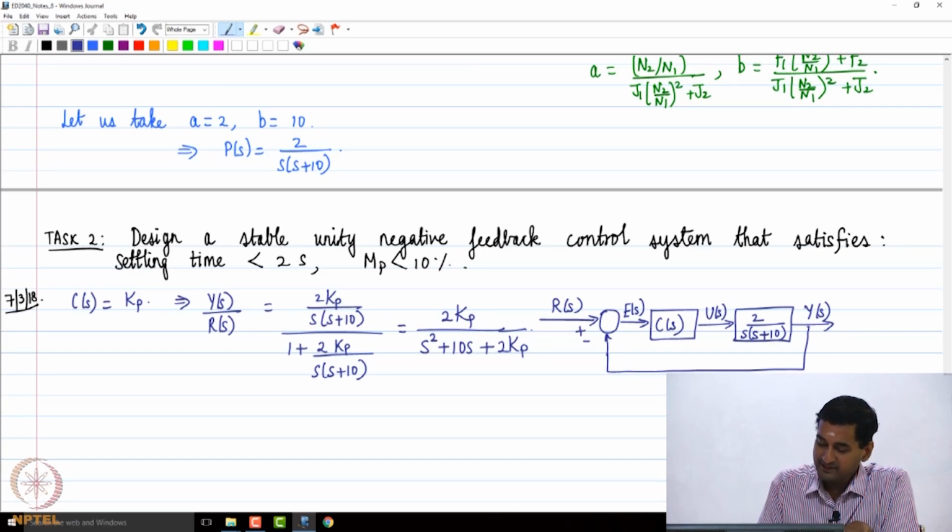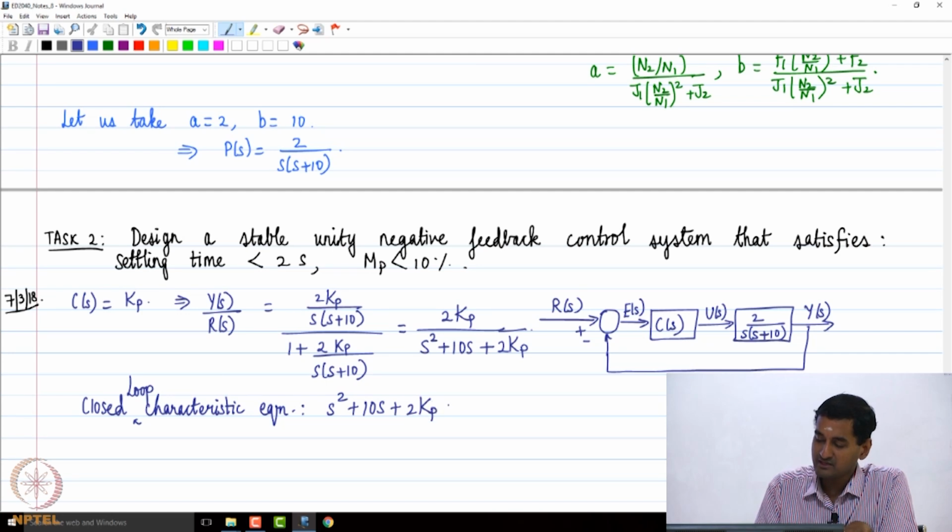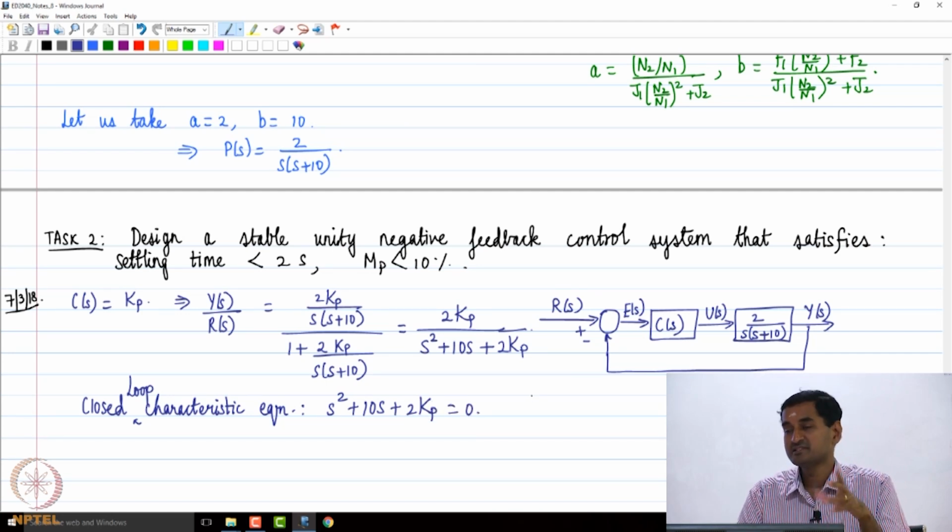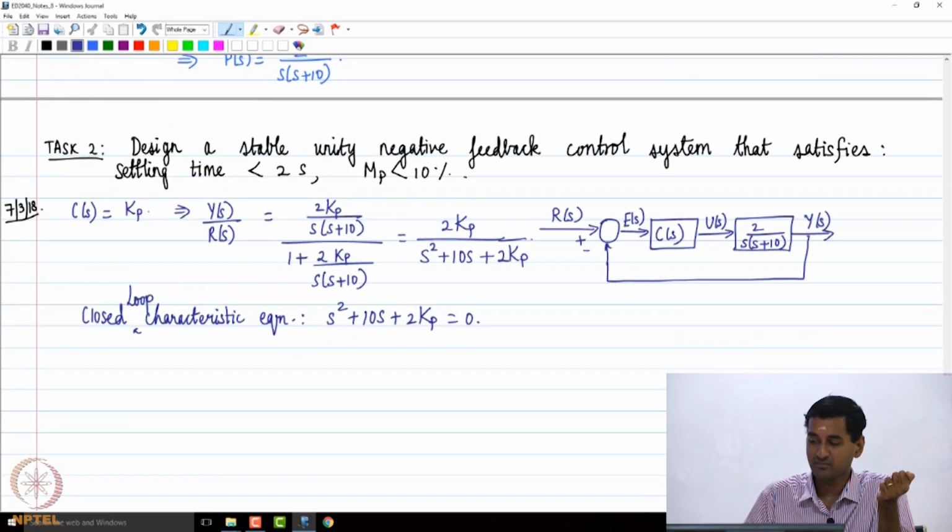Immediately we can realize that the closed loop characteristic equation is going to be s squared plus 10s plus 2 Kp equal to 0. This is a second order polynomial, and we know that for the two roots to lie in the left half plane, we need all coefficients to be non-zero and of the same sign, which we have discussed for a polynomial of order 2.